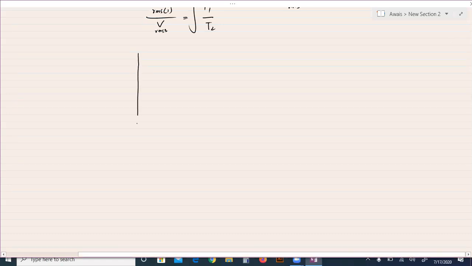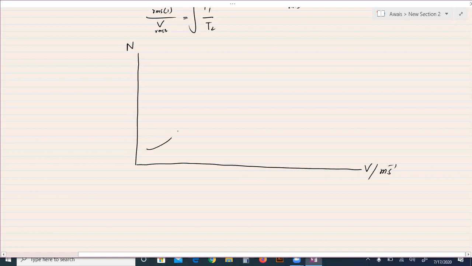If this is the Maxwell distribution graph, with speed in meters per second here and the number of molecules here, and this is the maximum number of molecules, then this speed is called the most probable speed.